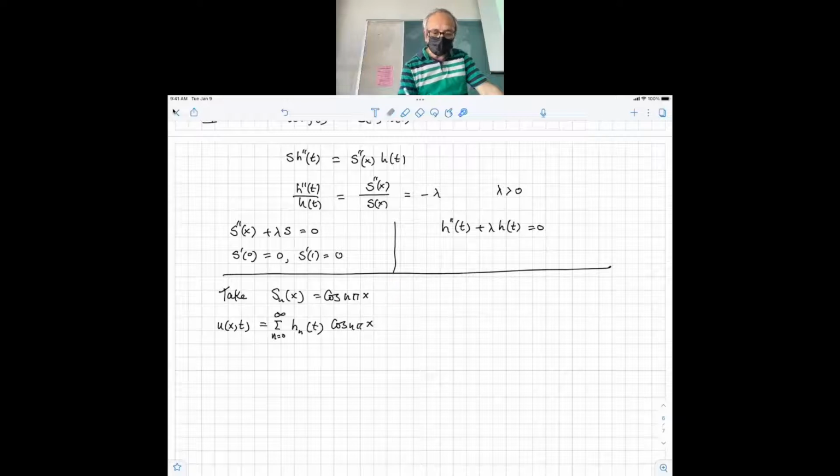Okay, so now if we try to solve for the time dependent part, h n of t would be a n cos of square root of lambda t plus a sine term, and lambda is already found.